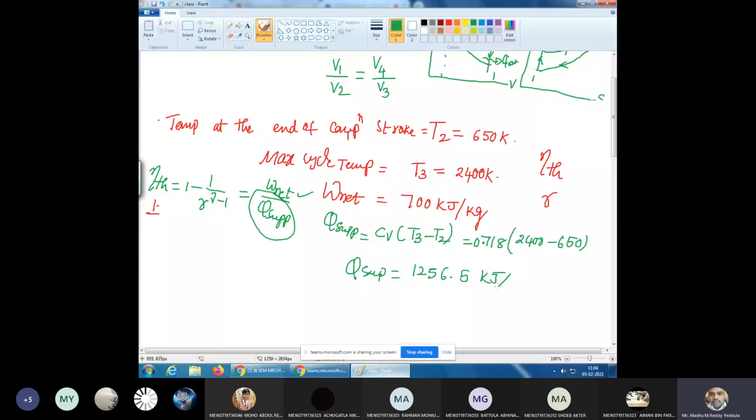Once you know heat supplied and work done, the thermal efficiency is equal to W net, 700, divided by heat supplied, 1256.5. How much will it be? Sir, 0.6. 60%.